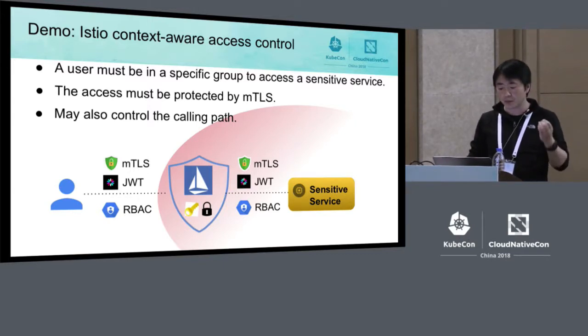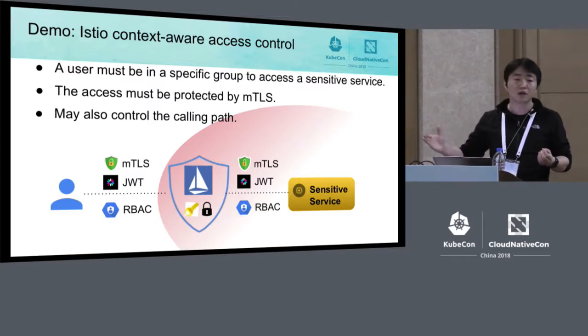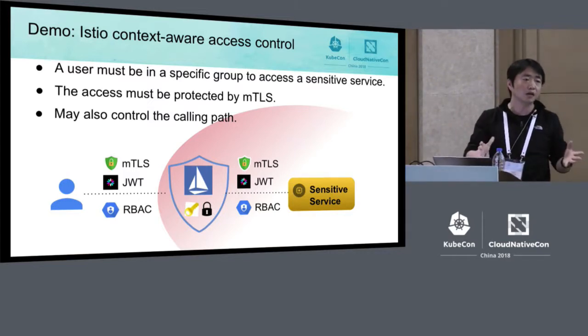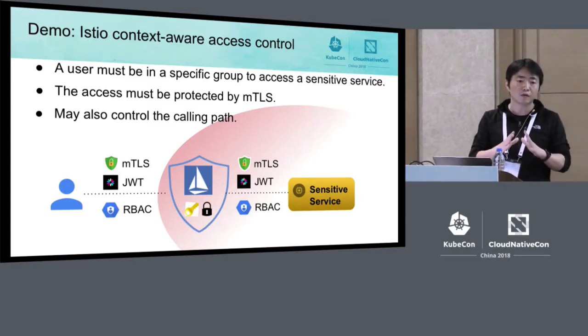The attacker must be calling the billing service from the account service, but the account service is not compromised. The attacker only has a valid JWT, so the access will still be protected.